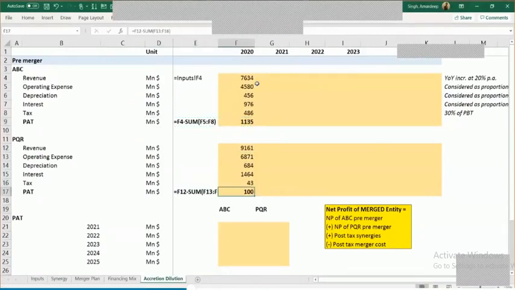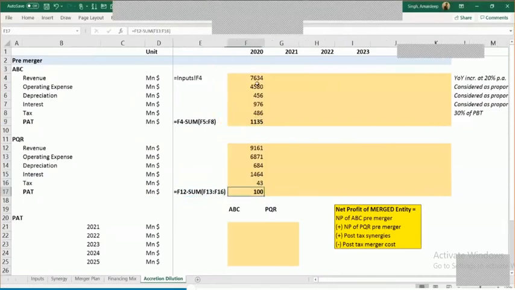So you call the data from the input tab F4 and G4, and then find out the delta that gives you the net profit after tax for the first year. Take your time, finish it off, and then we'll move on. So this is just a direct pull that I've done from the input tab.